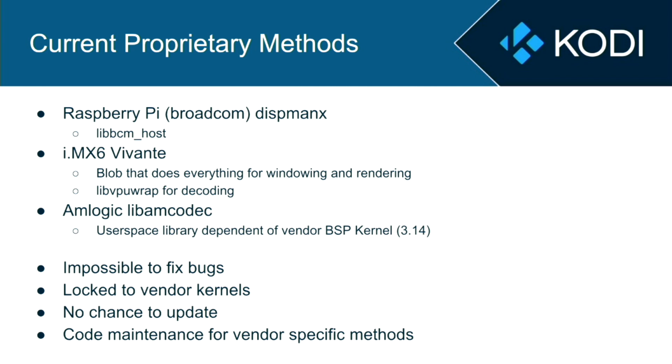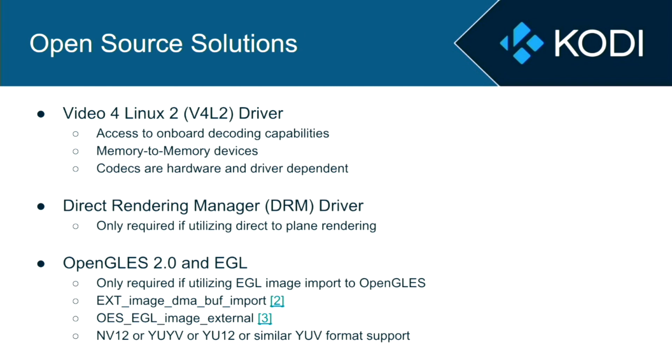So where are we going? We're looking at a lot of open source solutions for this, and pretty much everything here is ready today. These are the requirements needed in order to have your app or board have a zero copy pipeline. A Video for Linux 2 driver is needed, which is very common nowadays.